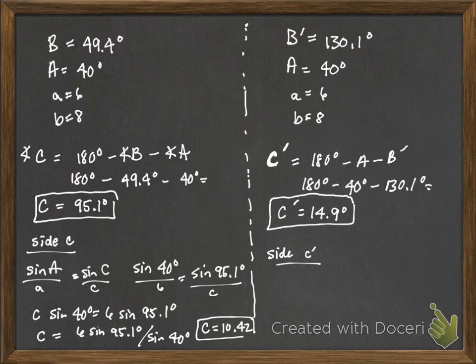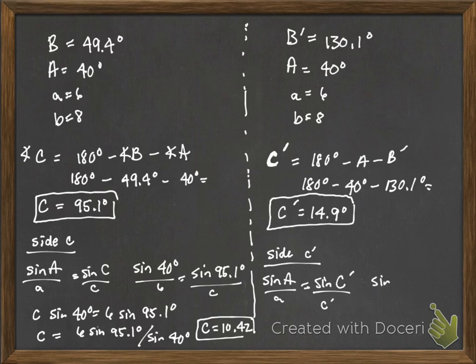Now I have to find side C supplement. Once again, law of sines: sine of angle A over A equals sine of angle C supplement over side C supplement.